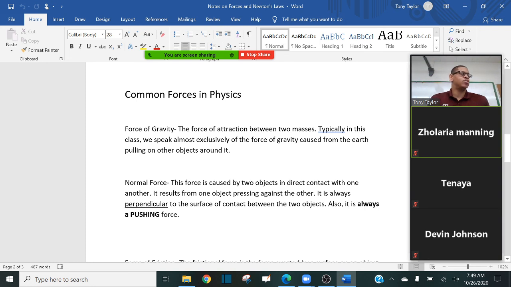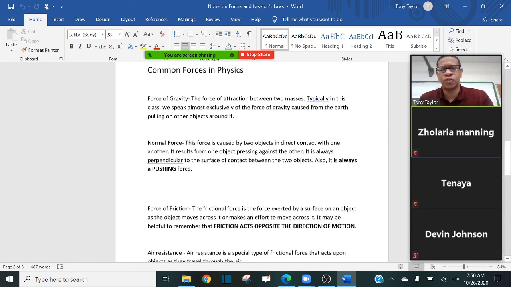And plus, guys, your homework assignment for today will basically involve seeing if you understand when these types of forces appear on a free body diagram. So you need to know when these forces are present in particular situations.